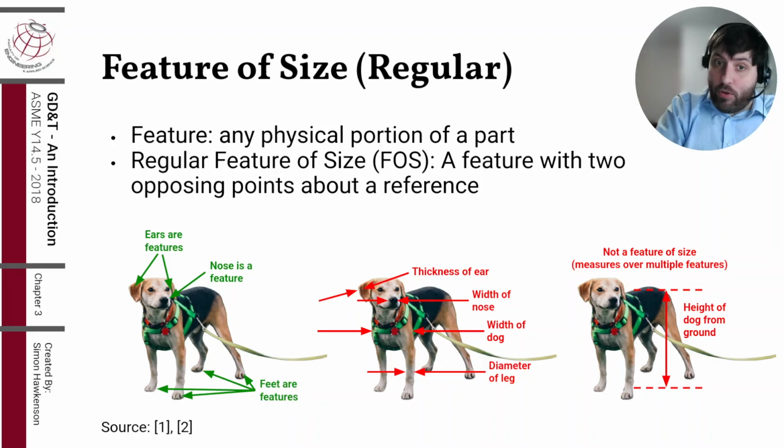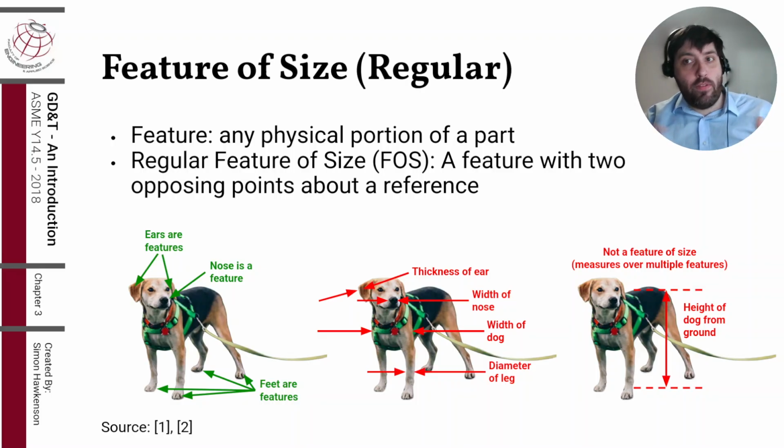You could, for example, take a very large pair of calipers and measure the height of the dog. But that still wouldn't be a feature of size. Why? Well, that's where really part 2 of the regular features of size comes in. There needs to be two opposing points, we already know that, but about a reference.